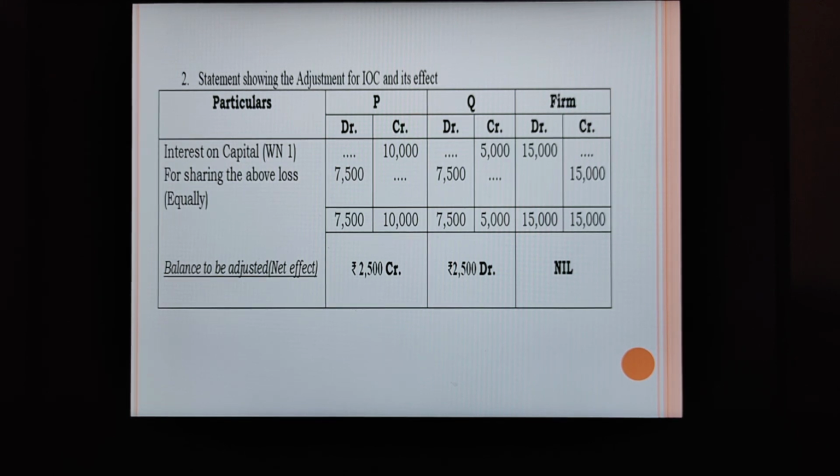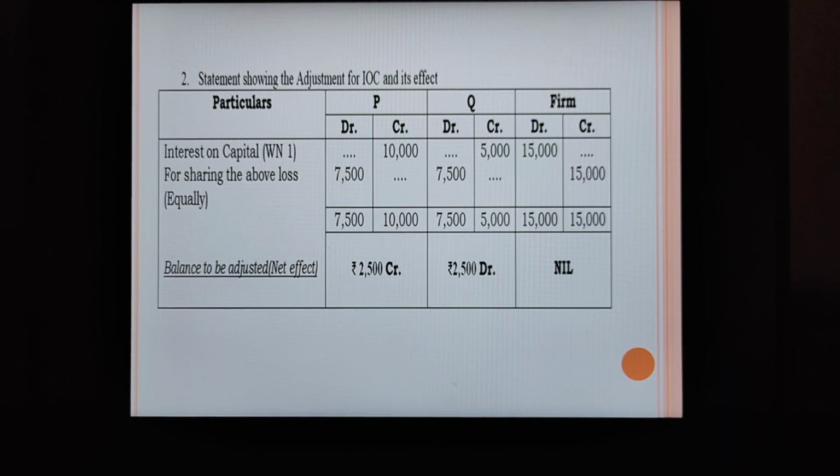See, for interest on capital, the partners' accounts will be credited 10,000 and 5,000, and the firm's account will be debited 15,000. Now for sharing the above loss, we will share that amount equally, that is half of 15,000, which becomes 7,500 and 7,500, and the firm account will be credited. Now what happens here? See, in P's column the debit amount is 7,500 and the credit amount is 10,000.